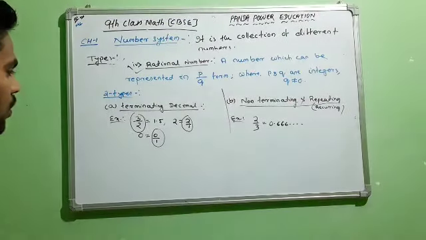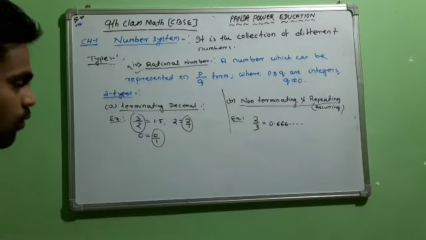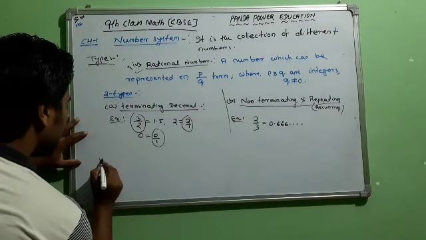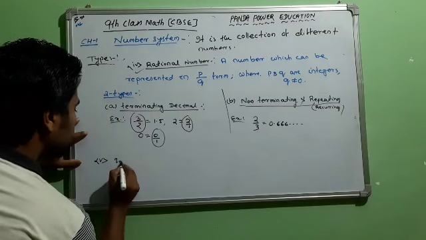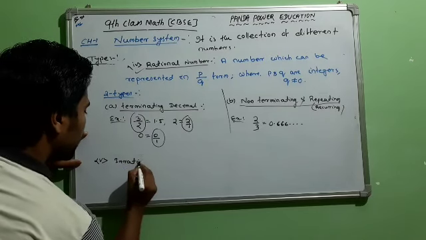Now, another number, the fifth number, is the irrational number.